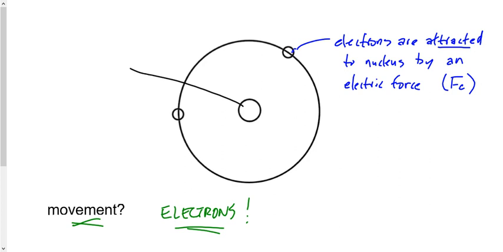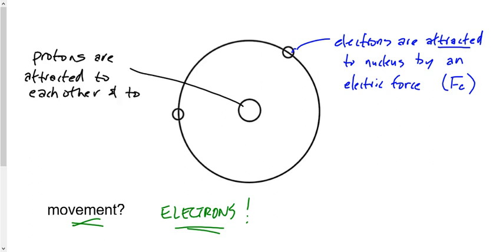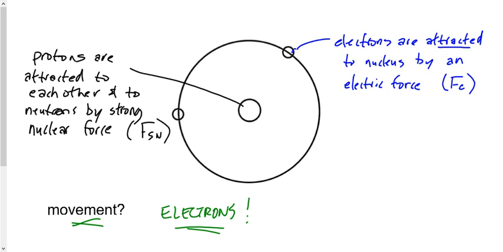The protons are attracted to each other and to the neutrons that are in the nucleus, not by an electric force, but by a force that we call the strong nuclear force. I'll call that FSN, the strong nuclear force.